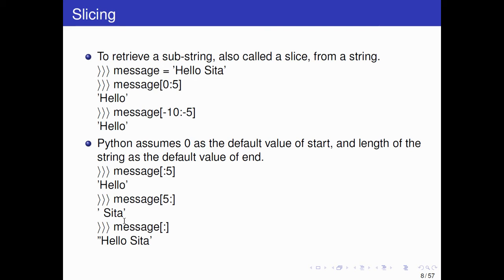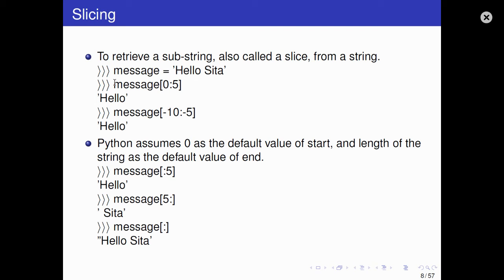Like the message we had, Hello Geeta, and message[0:5]. What is it doing? It will print the characters indexed starting with 0 until 5.